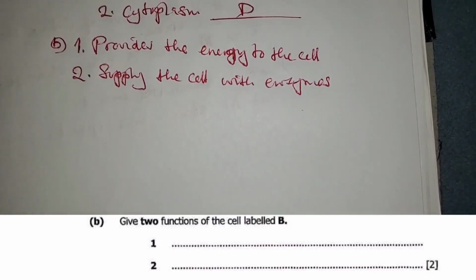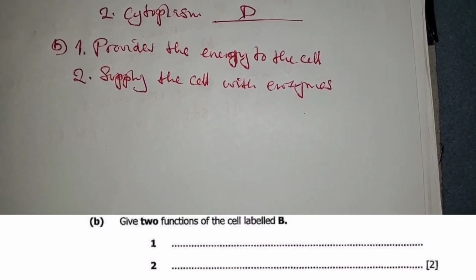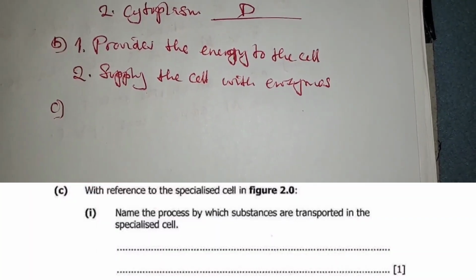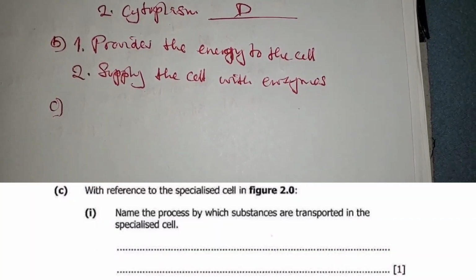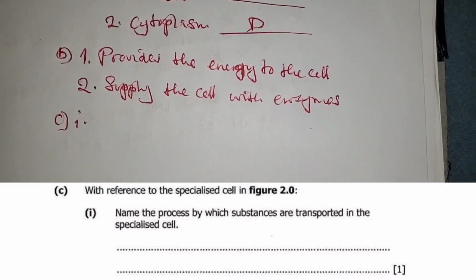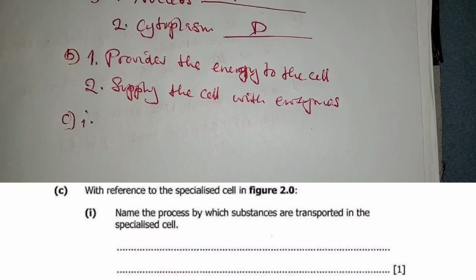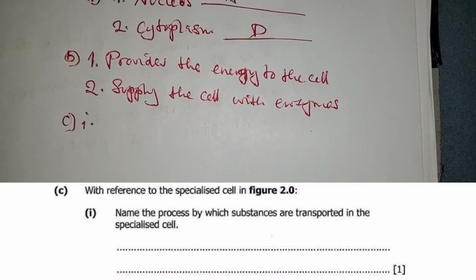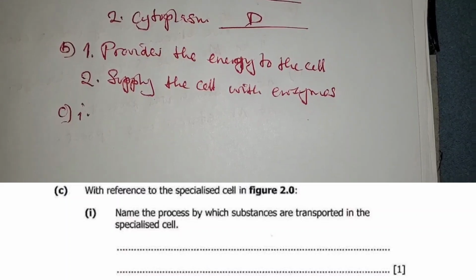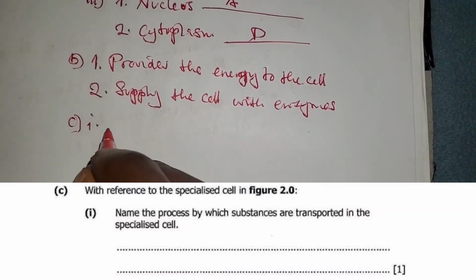And then the last, is it the last question, or we still have other questions? Question C. With reference to the specialized cell in 2.0, C1, name the process by which substances are transported in the specialized cell. The process by which substances are transported in the phloem is called translocation.